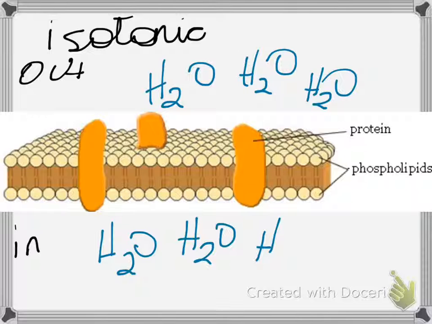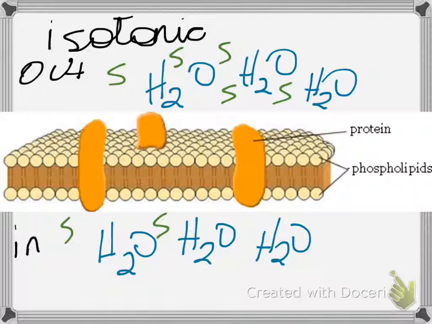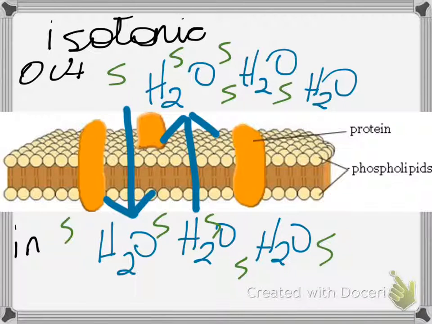This is what normally happens for us if we have a regular concentration, we're not dehydrated, we're not overly hydrated. This is normal. So you can see we have 5 molecules of sugar outside the cell and 5 inside. So this is equal. It's not common for a solution to be exactly equal, but even enough that the movement of water into the cell and out of the cell is roughly equal.